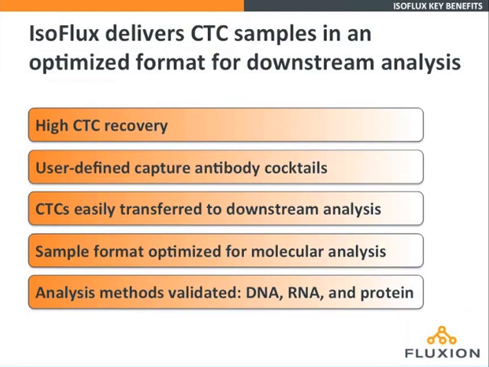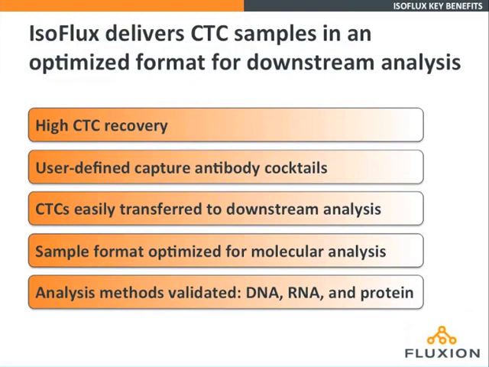So in conclusion, what we have designed the system to do is to really deliver CTC samples in an optimal format for molecular analysis. That means one has to have high CTC recovery in terms of presentations that present measurable genetic material. We have a system that can use user-defined capture antibodies. We basically provide a kit that contains beads that are IgG linker conjugated.